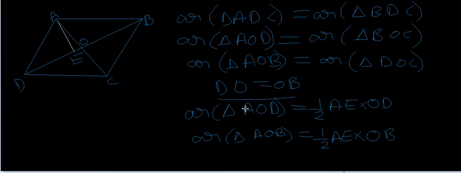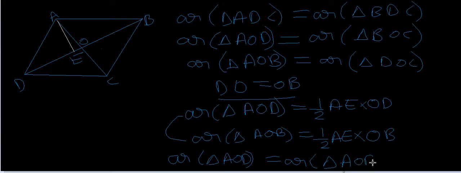And here we have said that DO is equal to OB. If these two are equal and AE is common, then both of these areas will also be equal. That is, area of triangle AOD would be equal to area of the triangle AOB.